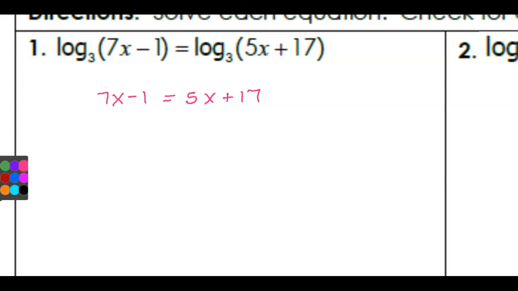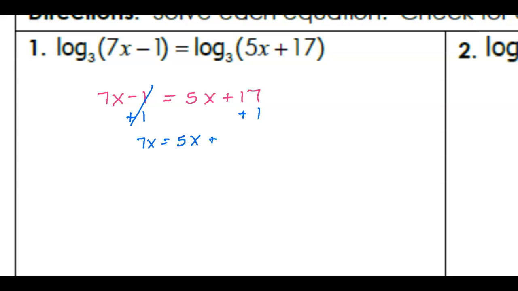So now what do you think you do? You solve for x. You get the x by itself on one side and the constant by itself on the other. It's a linear equation. So what do you want me to do first? We can add them over, sure. So we have 17 plus 1.